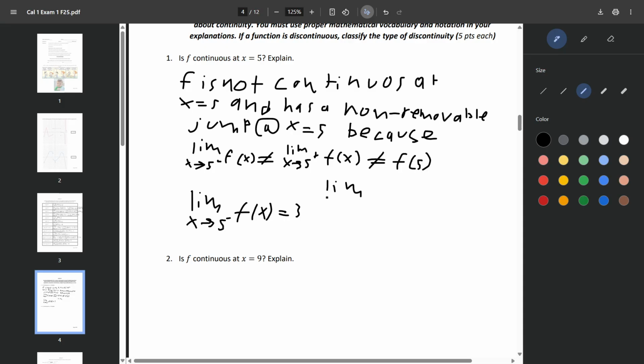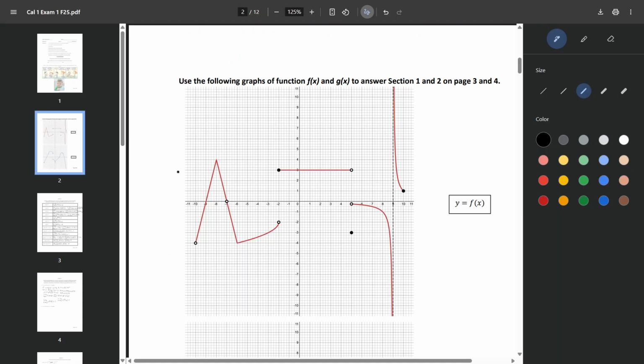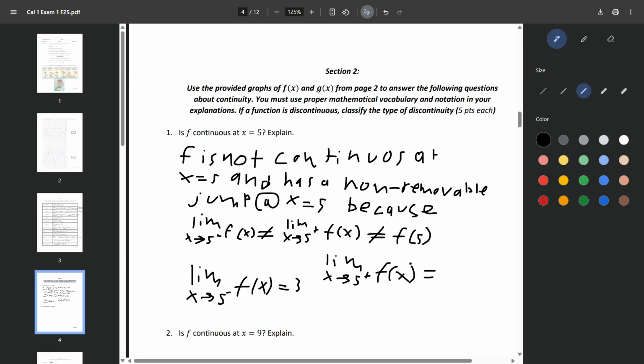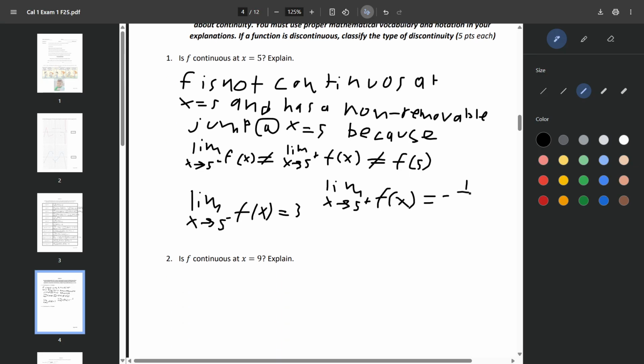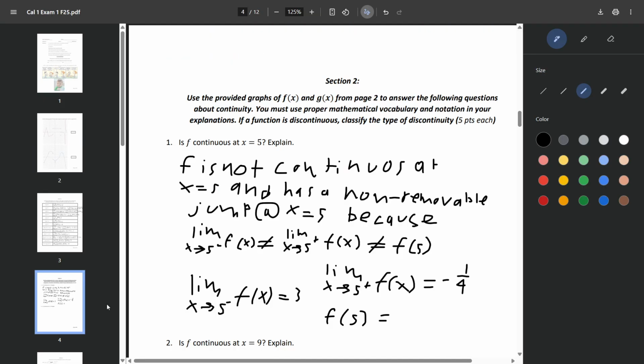Limit of x approaching 5 from the right of f of x equals negative 1/4. And finally, f of 5 equals negative 3.